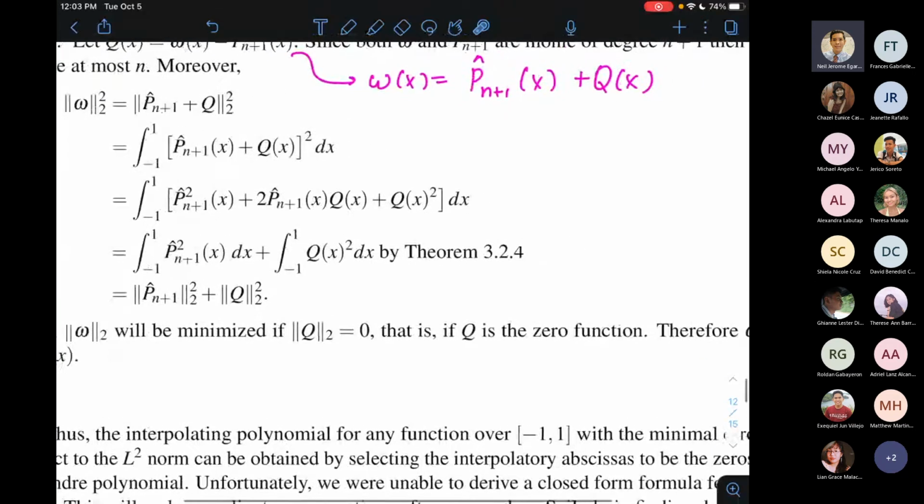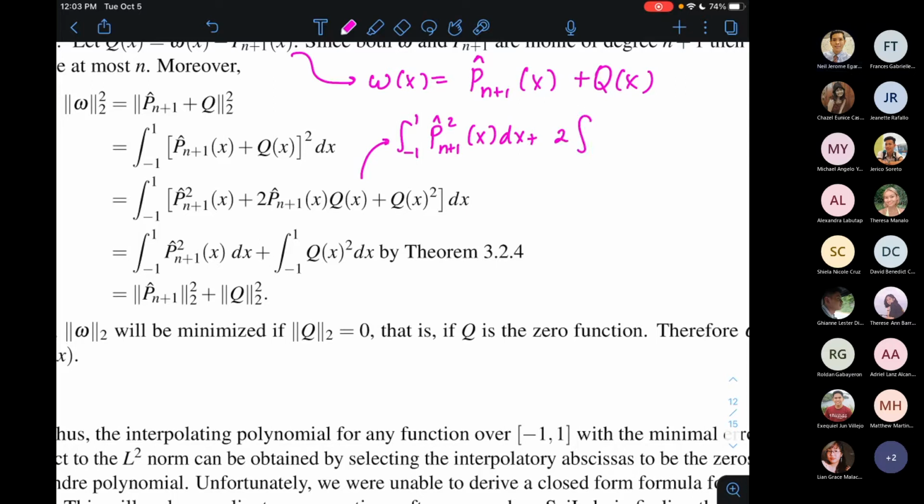Tapos, linear naman yung integration, right? So this is the integral of a sum. So I can write this as the sum of three independent integrals. So pwede siyang integral ng p hat sub n plus 1 of x squared dx plus 2 times the integral from negative 1 to 1 ng p hat sub n plus 1 of x times q of x dx plus integral from negative 1 to 1 of q of x squared dx.